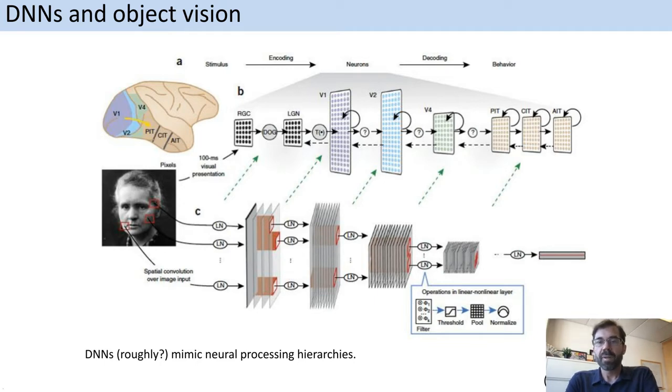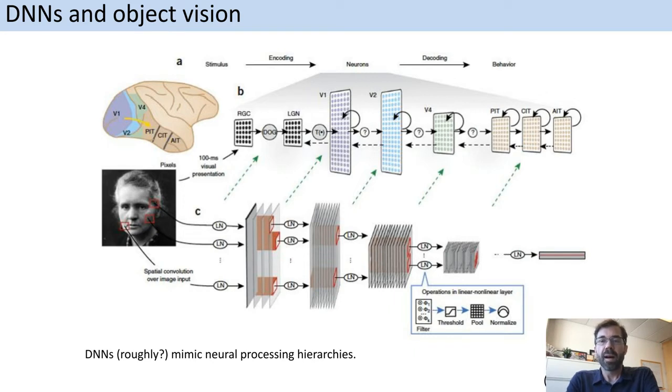Each one is effectively an implementation of an LN model. So you have these layers of LN neurons, each with slightly different tuning, that feed into subsequent layers. And what has been demonstrated empirically is that if you have these large networks of linear-nonlinear units, you can account for very complex input-output relationships.